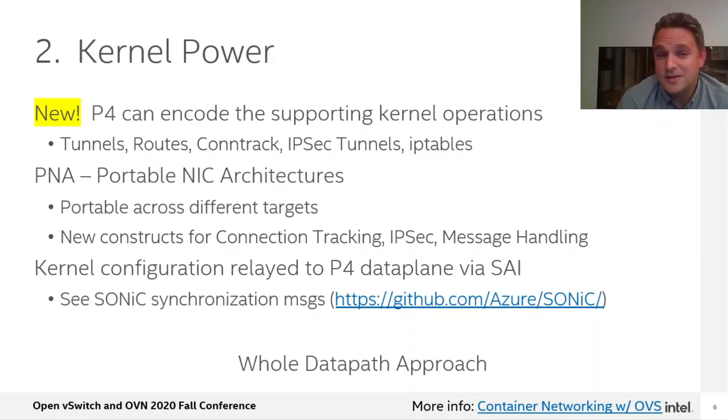So SAI has all of the same kernel constructs that you have with tunnels and routes and MAC addresses, all those things. So we can use that to sort of reflect all the things that are in the kernel into the P4 pipeline. So the kernel stays preserved; it still functions as it does today, but the things that you've configured there are also now in the P4 pipeline.